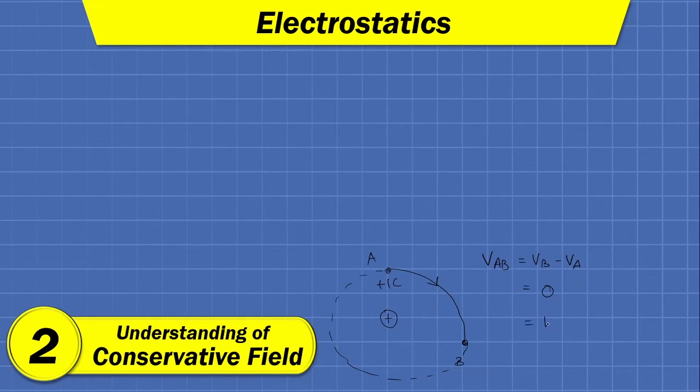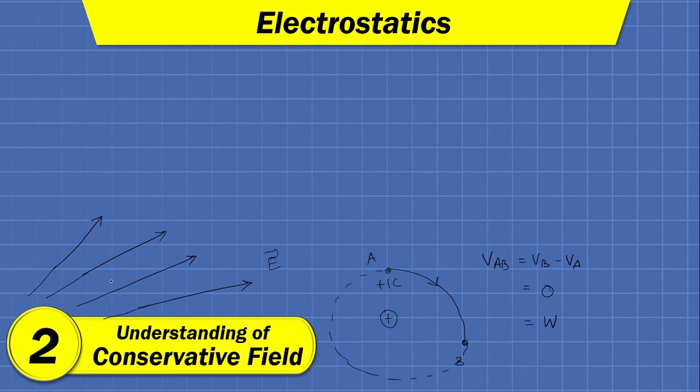In the same way, we can say that the work done to move 1 coulomb charge, or any charge, from point A to B, both lying on the equipotential surface, is 0. Apart from this, we can also imagine another condition. Say we have a non-uniform electric field. As you can see, these arrows represent a highly random and non-uniform electrostatic field.